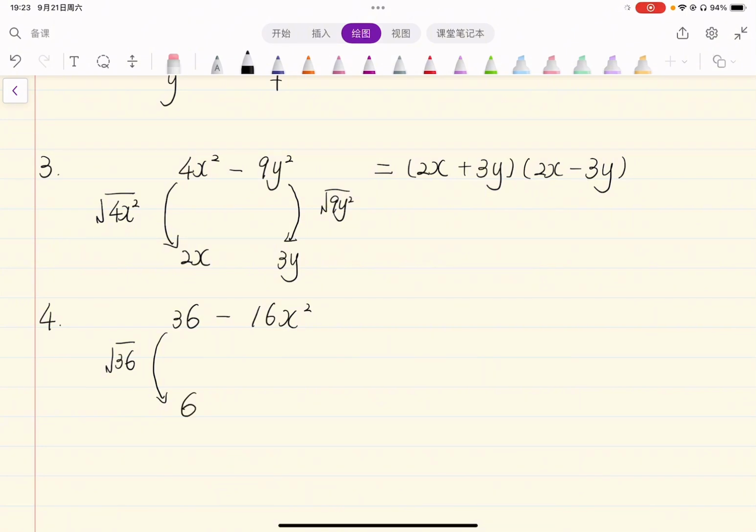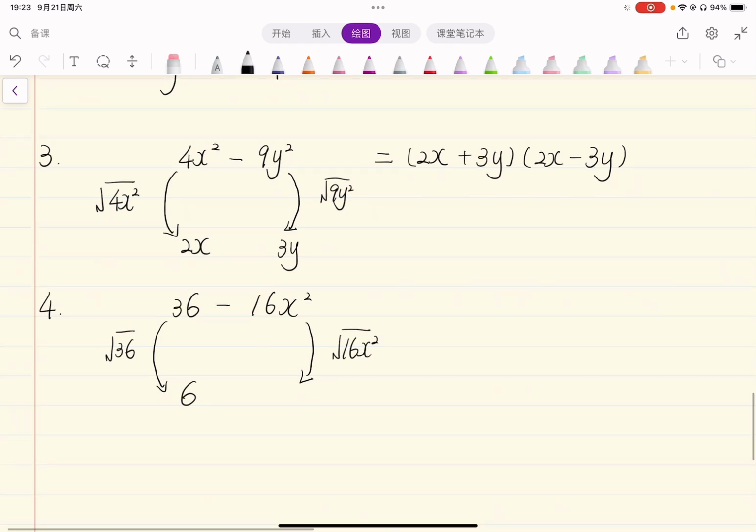We get 6. And the square root of 16x squared, we get 4x. Thus, we get the answer, 6 plus 4x times 6 minus 4x. Right?